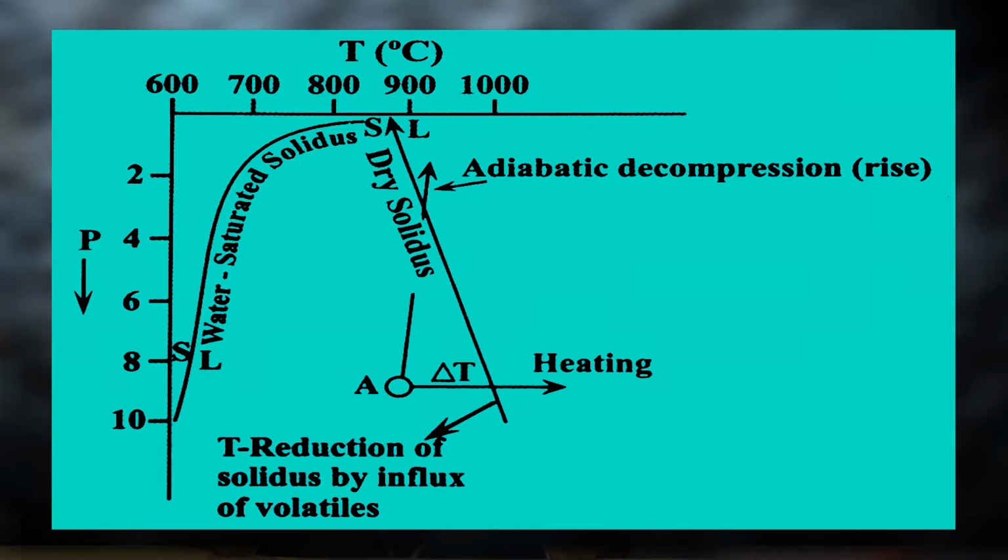S denotes solid, L denotes liquid, of a crustal rock or a mantle rock. Material A is below the solidus and is completely solid. By changing any one of the agents, we can perturb the situation so that melting takes place.